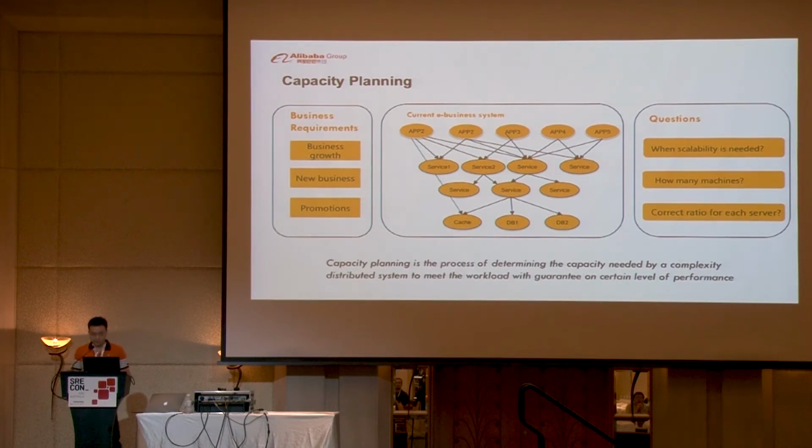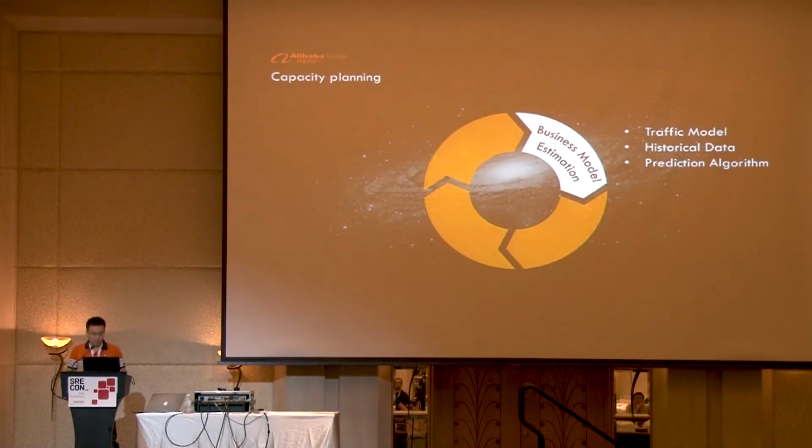Besides the dynamic adjustment, the most important target is to have an accurate estimation about the optimized machines needed for each system to ensure the site availability and also do cost saving. Capacity planning is divided into 4 stages.